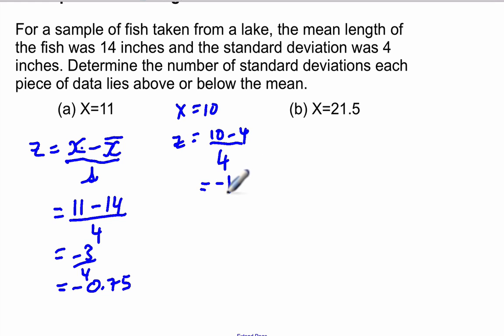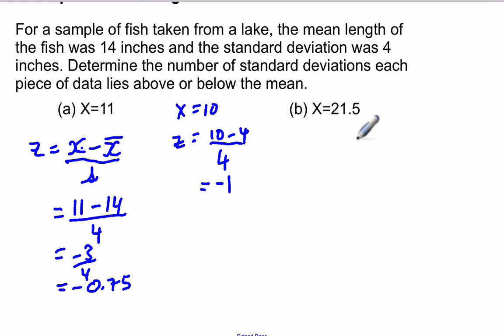In this case, negative 1 would have meant that the value of 10 is 1 standard deviation below the mean. And that makes sense because if the mean is 14 and the standard deviation is 4 inches, then 1 standard deviation below the mean would be a fish that has a length of 10 inches.